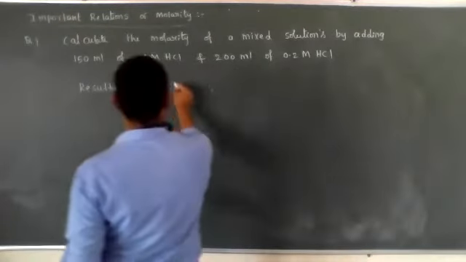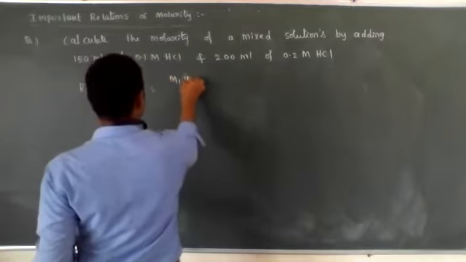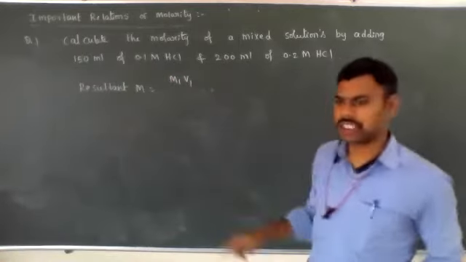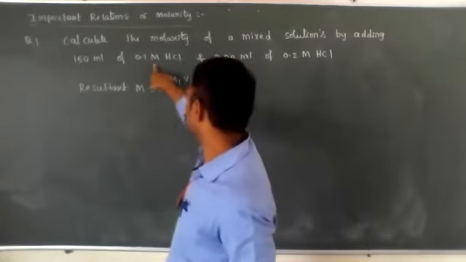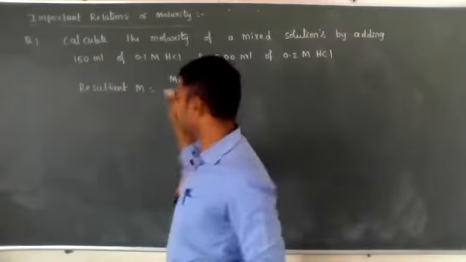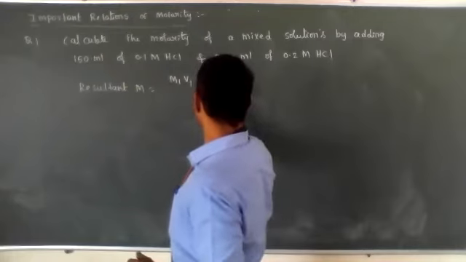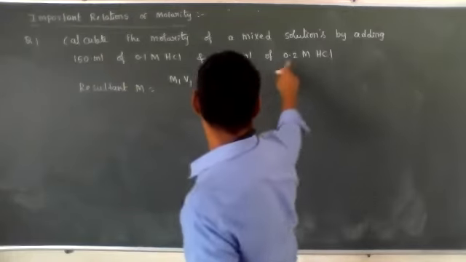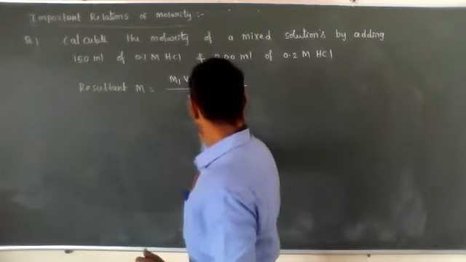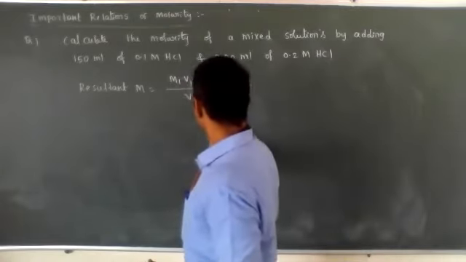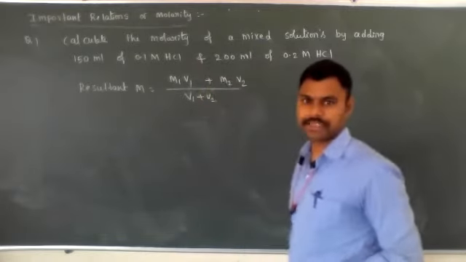See, it is very simple, two same kind of solutions. M1 V1, where M1 is 0.1 and V1 is 150, plus M2 V2, where M2 is 0.2 and V2 is 200 ml, divided by the total volume V1 plus V2.